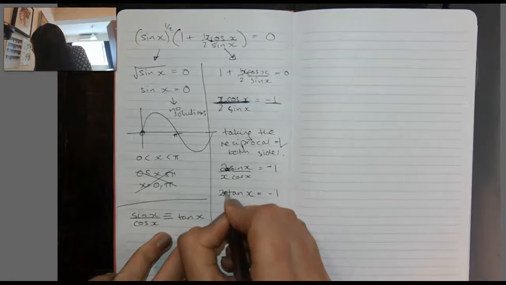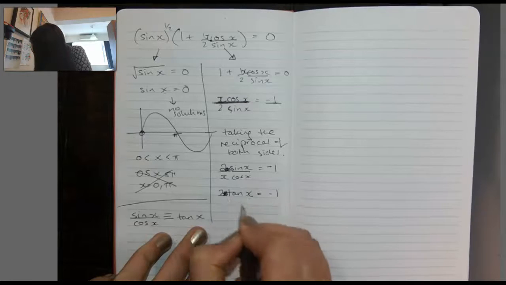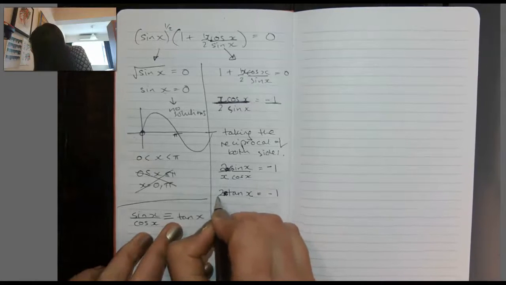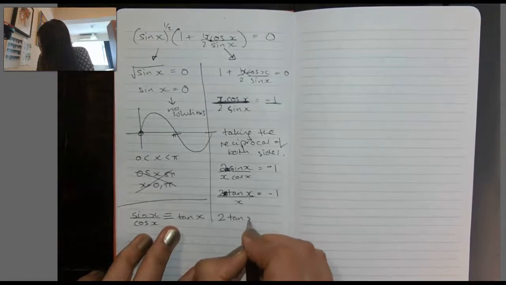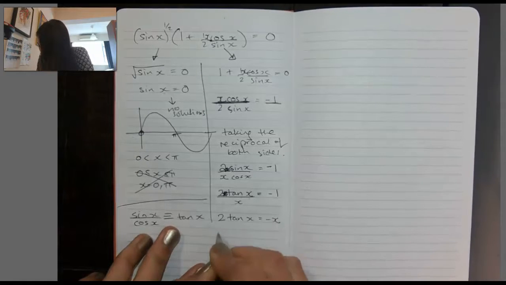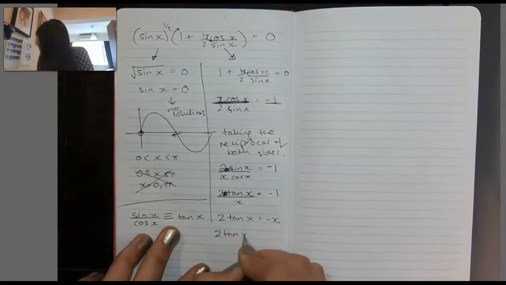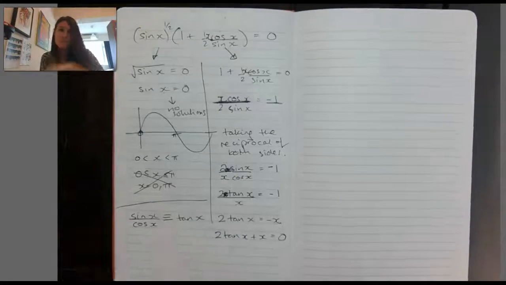So before, I get 2 tan x over x equals negative 1. So I get 2 tan x equals negative x, which means 2 tan x plus x equals 0.